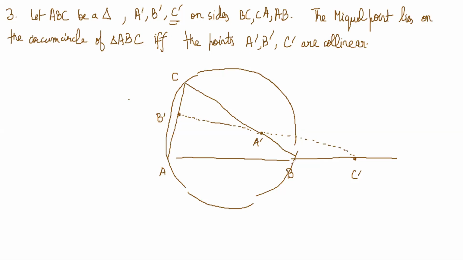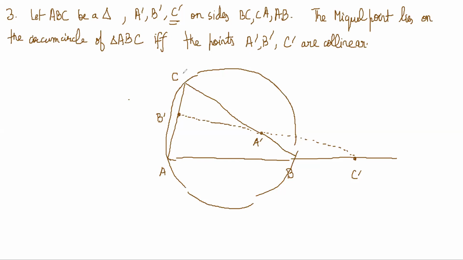A dash C B dash, A dash C dash B, and one of them was A dash B dash A? No, A dash B dash A doesn't make sense. A B dash C dash is one triangle. Then you have C dash A dash B, and then you have A dash B dash C. These three circumcircles.